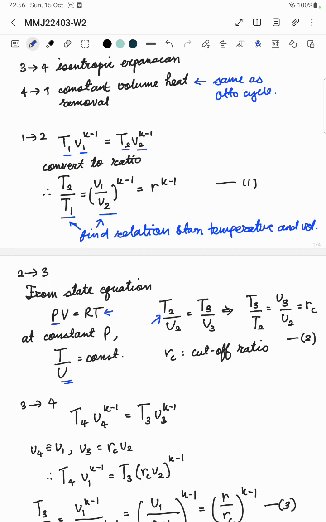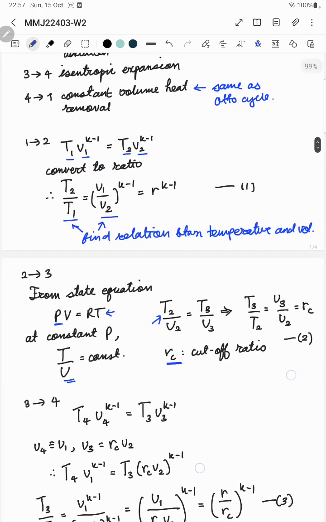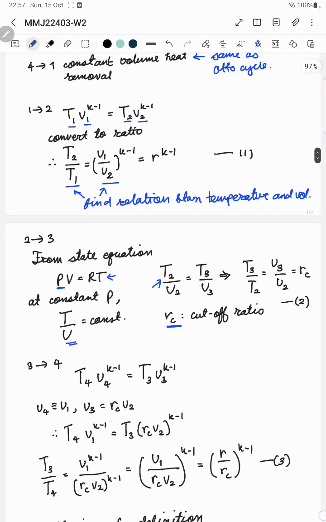I try to be as consistent as possible with the terms used in the textbook, so I'm using r subscript c here as the cutoff ratio. So from the process of 2 to 3, we have T3 over T2 equal to the cutoff ratio, which is volume 3 over volume 2.